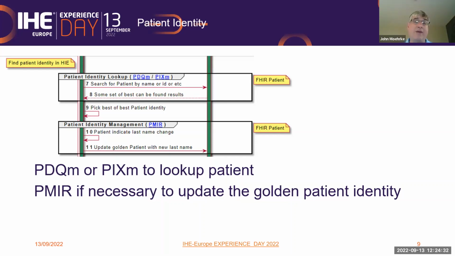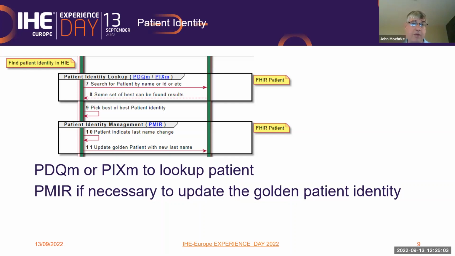PIXm is when you have an identifier and you just want to convert that identifier into the health information exchange's identifier. Different use cases, how much do you want to expose? Some policies may choose PIXm only. Some policies may choose PDQm. In this case, we're just talking about doing the query for finding of the patient identity within that health information exchange.